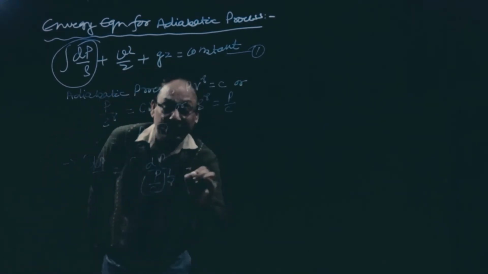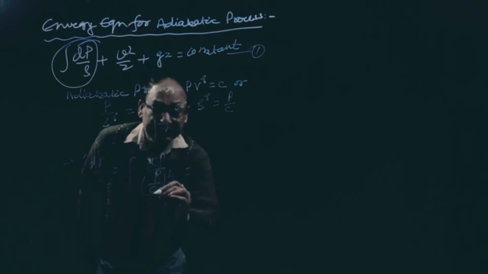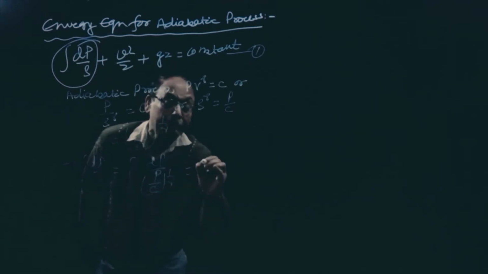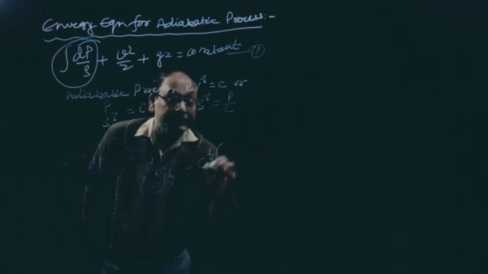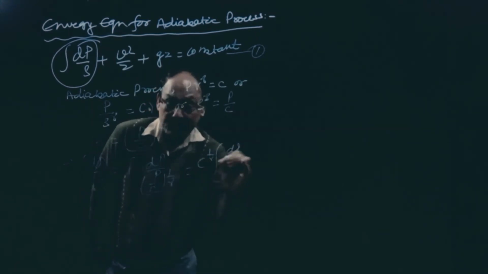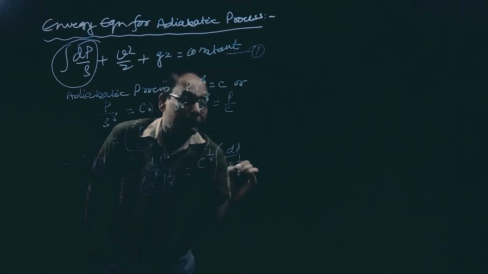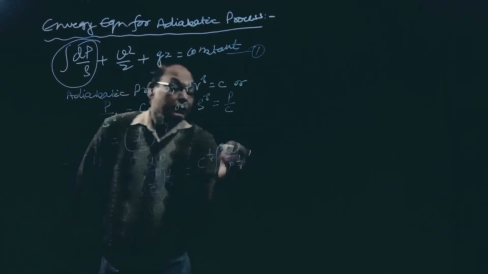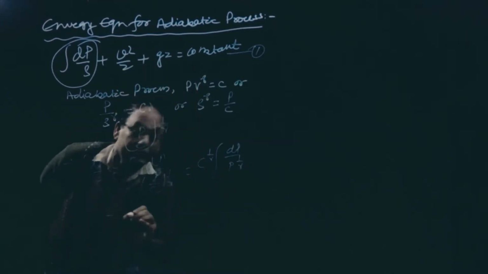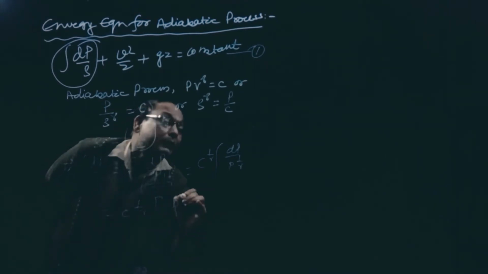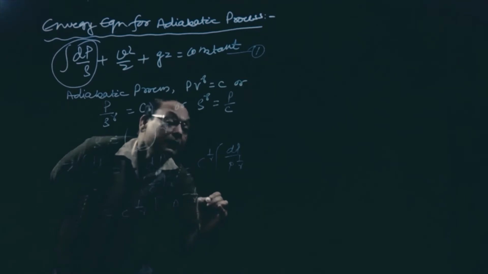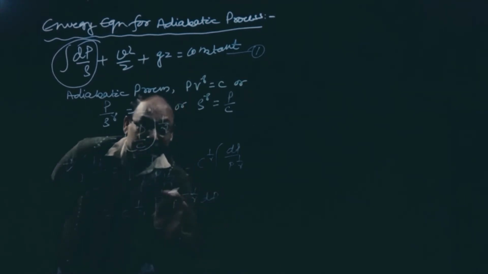See here, C is in the denominator, so it will go up as C to the power 1 by gamma, and that we can take outside. So dP by P to the power 1 by gamma. Integrating, this C to the power 1 by gamma, this will be P to the power minus 1 by gamma into dP.